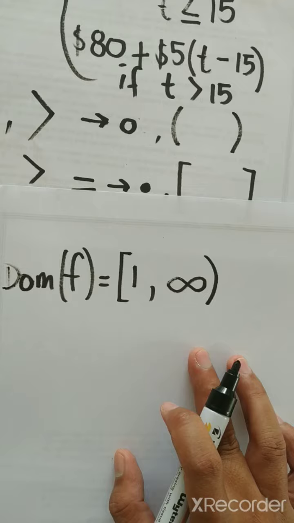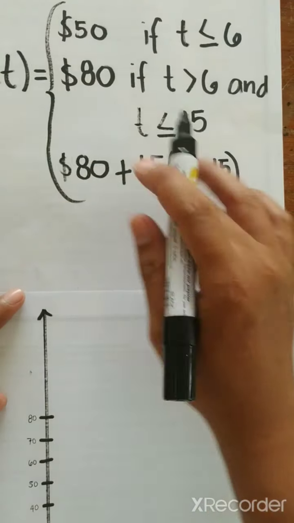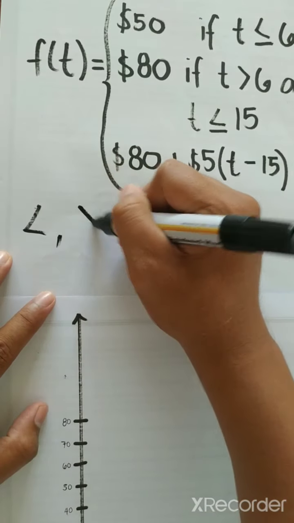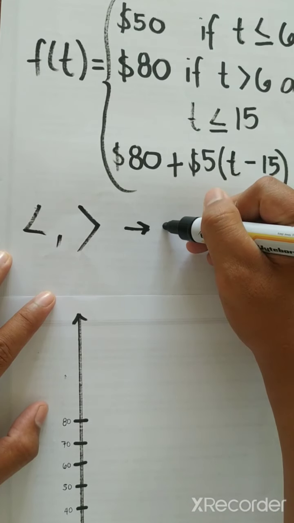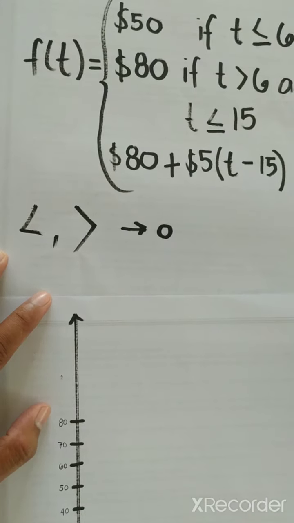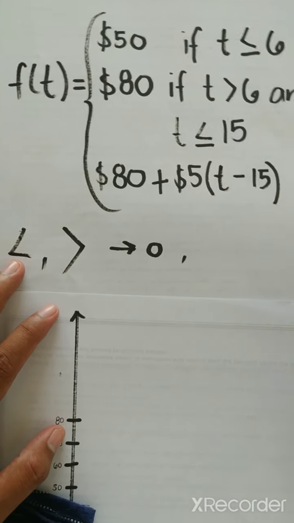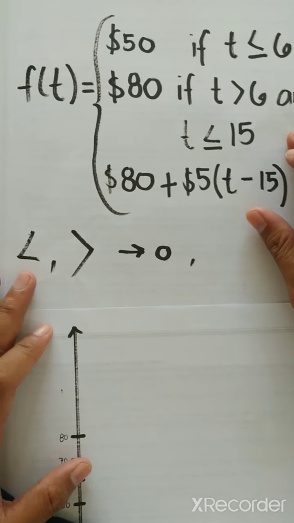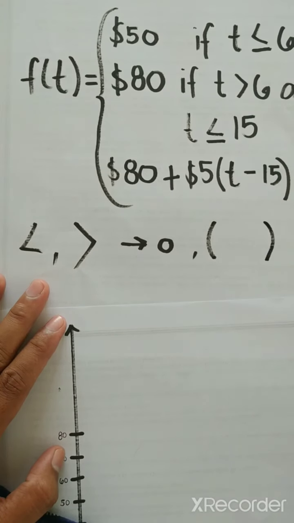Before graphing this one, always remember that the signs less than and greater than are denoted by a hollow or open dot, or by a parenthesis when we write the domain.